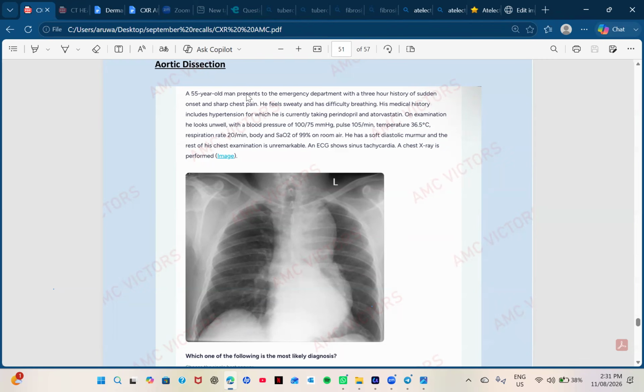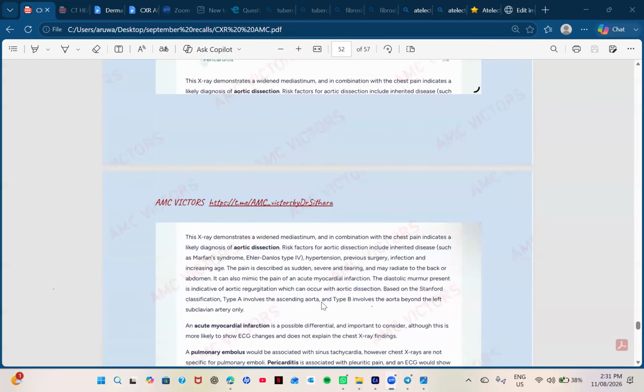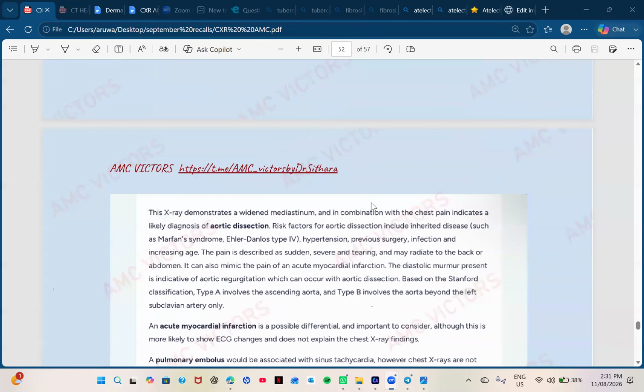You can mainly see the wide mediastinum, right? Can you see the wide mediastinum here? Okay, you can clearly see the wide mediastinum here. The X-ray demonstrates the wide mediastinum, and in combination with chest pain it indicates the likely diagnosis of aortic dissection.